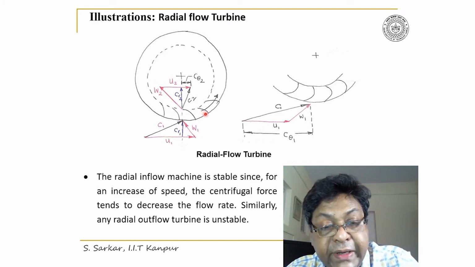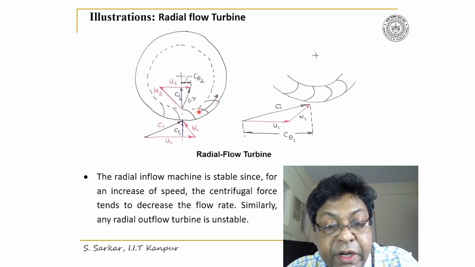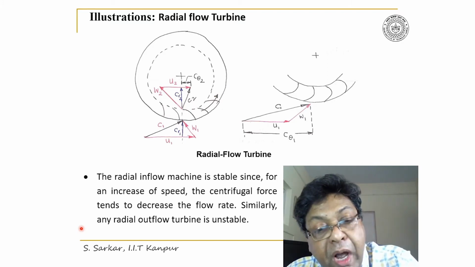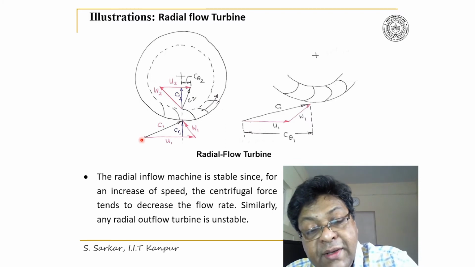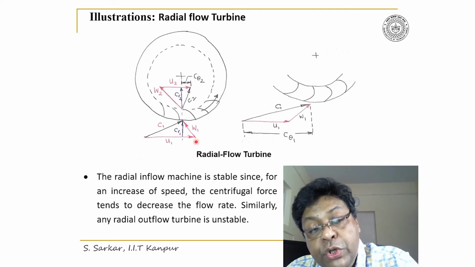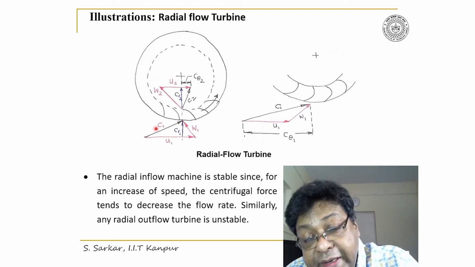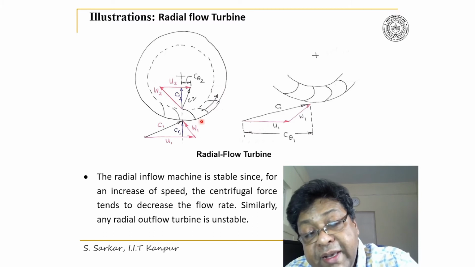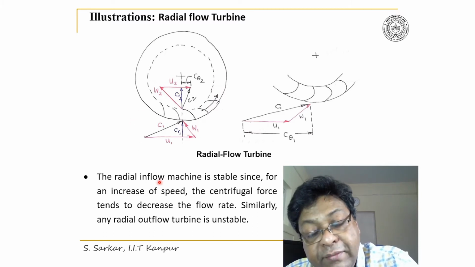I have illustrated the direction of rotations. You note that in a turbine, C2 will be less than C1. C1 will bring the kinetic energy to rotate the machines, so the direction of rotation is in the direction of C1.